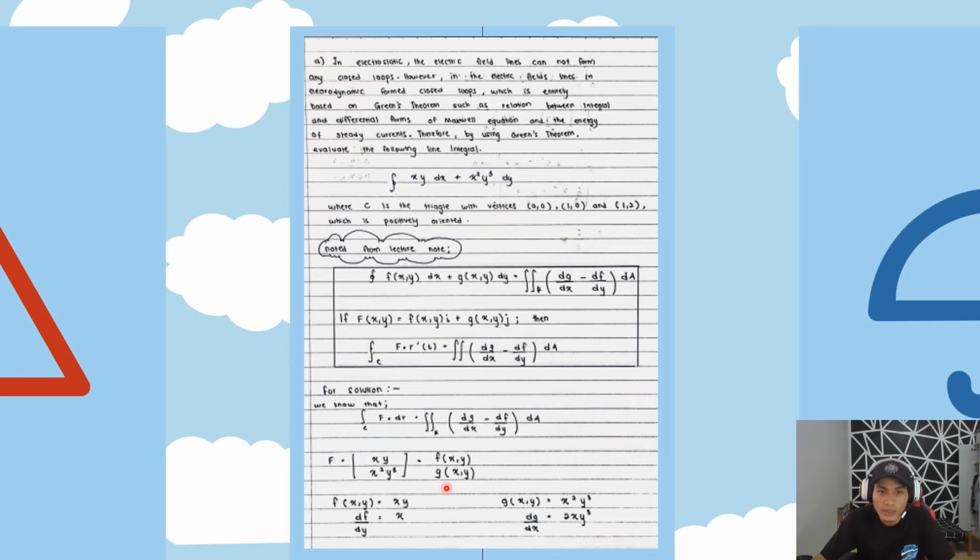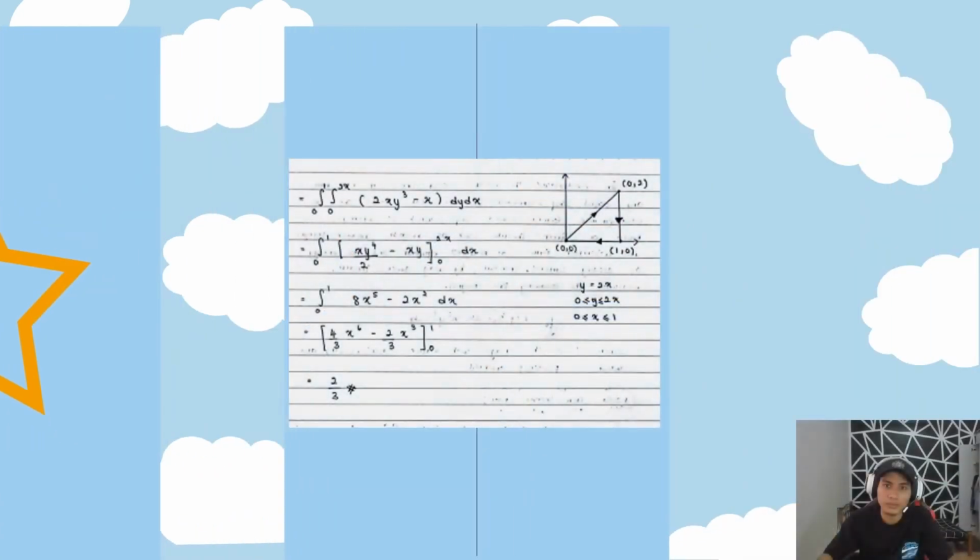So we must know the values of dg over dx and df over dy. We differentiate xy in terms of y, and we will get x. For g(x,y) equal to x squared y cubed, we differentiate in terms of x, so we will get 2xy cubed. This is the sketch from the info we get from the question.